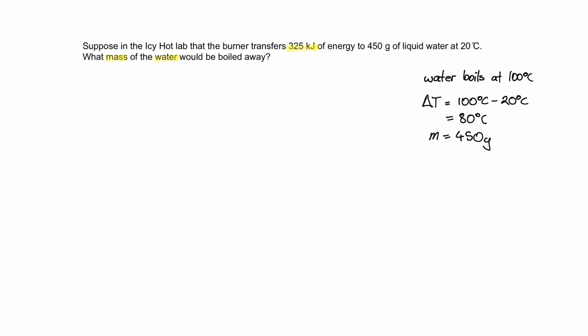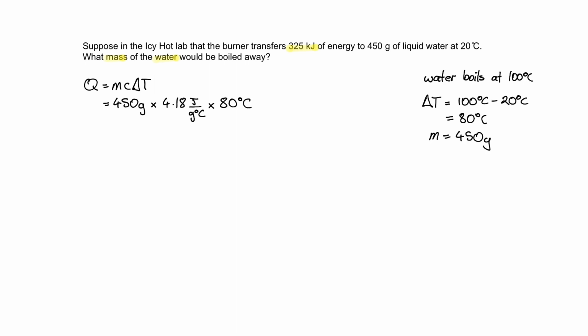That comes from our Q is equal to mc delta T. Our mass is 450 grams times by our C of water, which is 4.18 joules per gram degrees Celsius, and our temperature, which is 80 degrees Celsius.